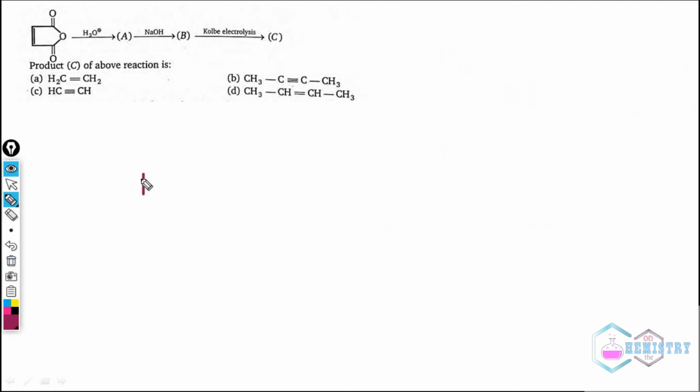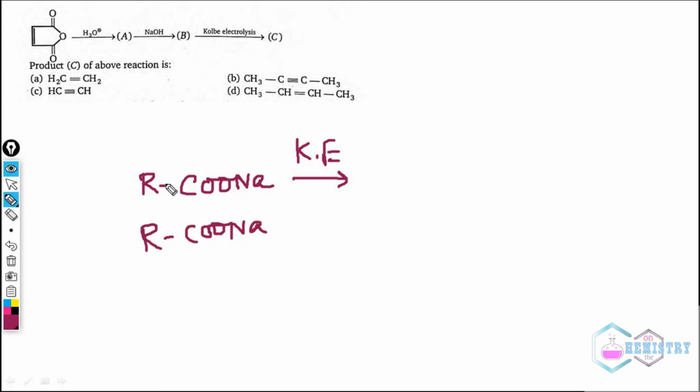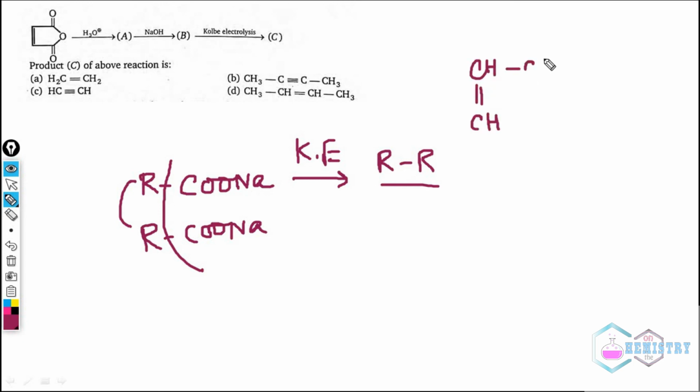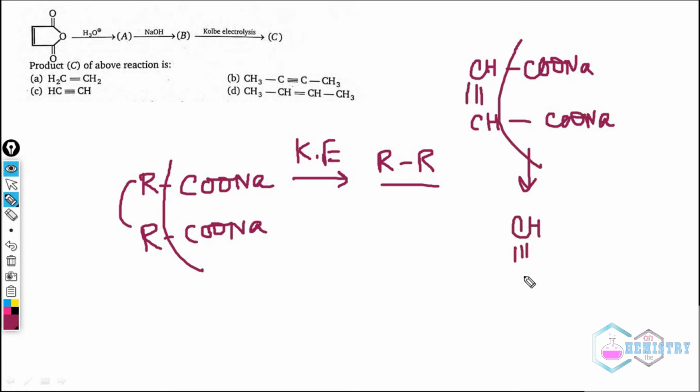On cold base electrolysis of RCOONa, what will happen? Two RCOONa will react with each other, this portion will go away and these two R groups will get joined, so it will form a compound like that. In this case the compound is CH double bond CH, with COONa and COONa. So on cold base electrolysis this part will go away and there will be another bond between these two, so acetylene will form, and C here is acetylene, so this will be the answer.